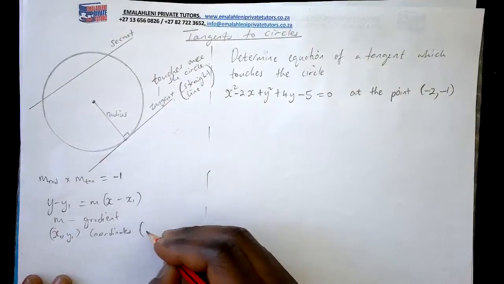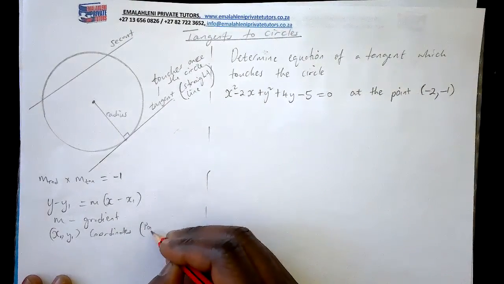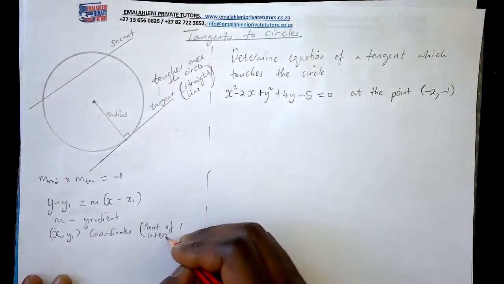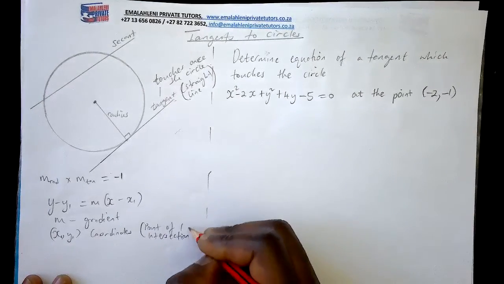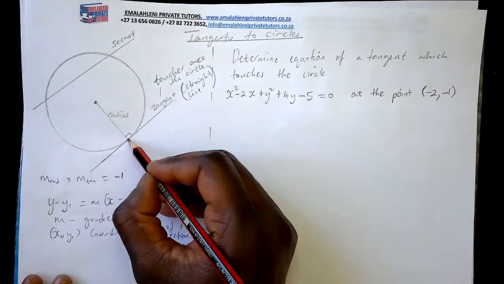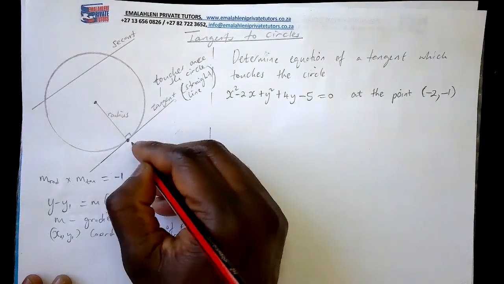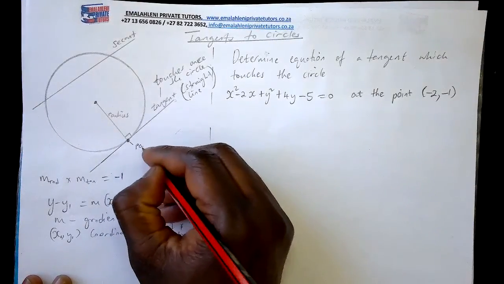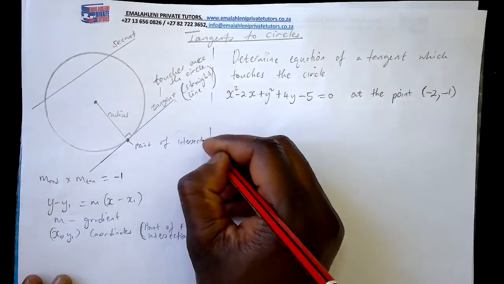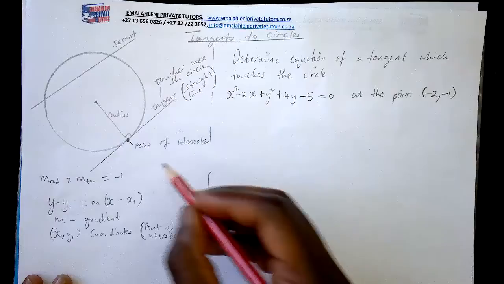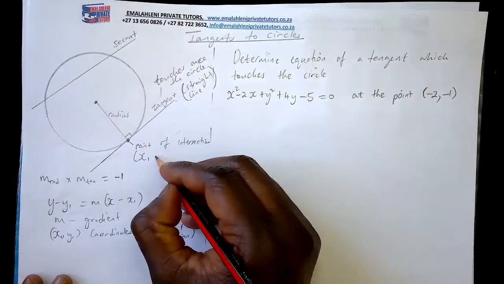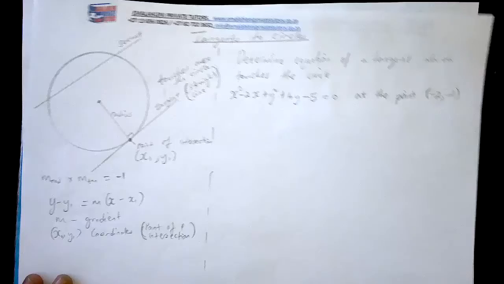In this case, it will be the point of intersection, where these two are meeting. That's the point we are dealing with. This point of intersection is the one you use to find your x1 and y1. Okay, that's what you need to understand here.